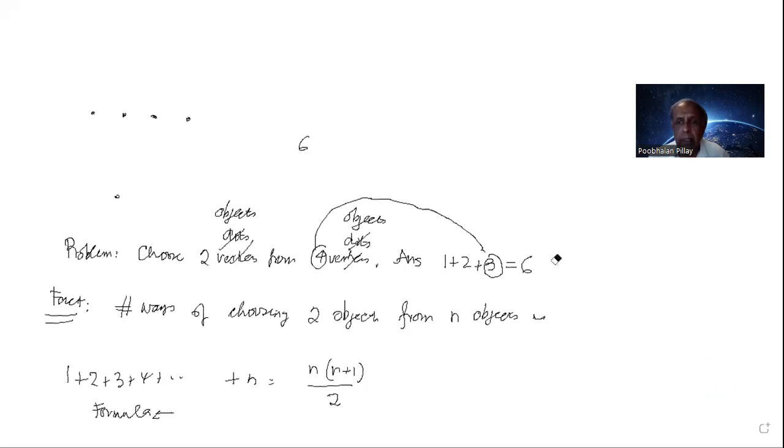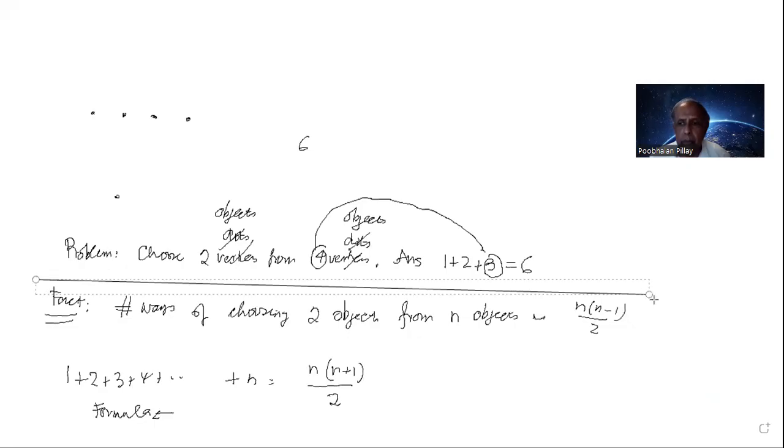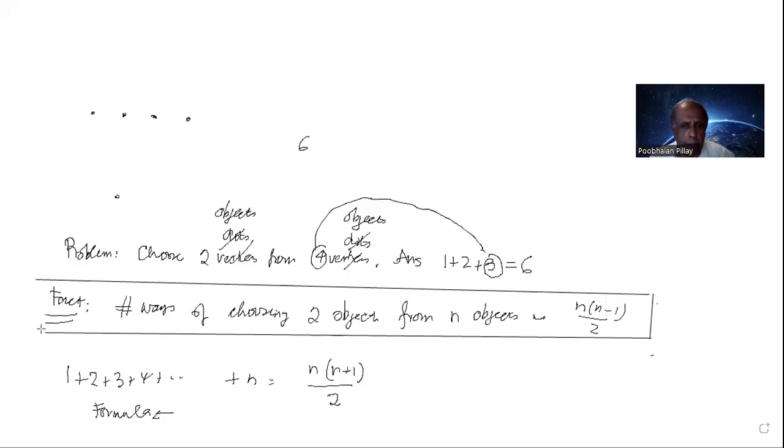I'm going to write this as a full sentence here so you can see it. N into n minus 1 over 2 is the number of ways of choosing. Okay, so this formula is important enough to enclose it in a rectangle as I am doing.